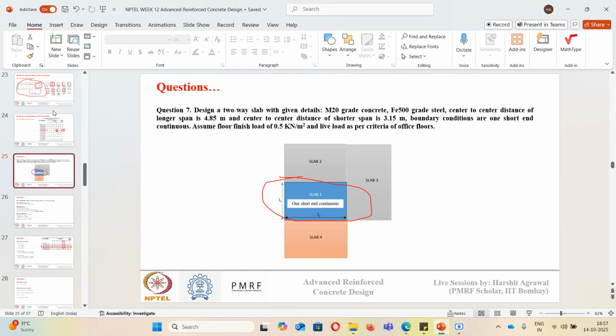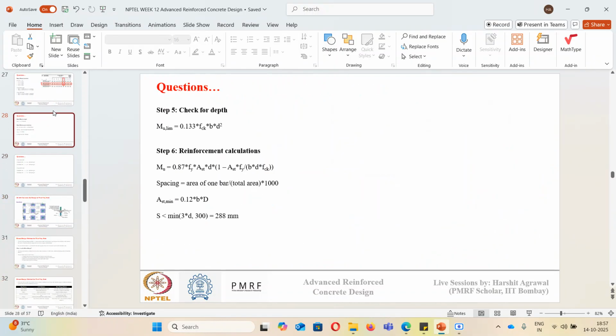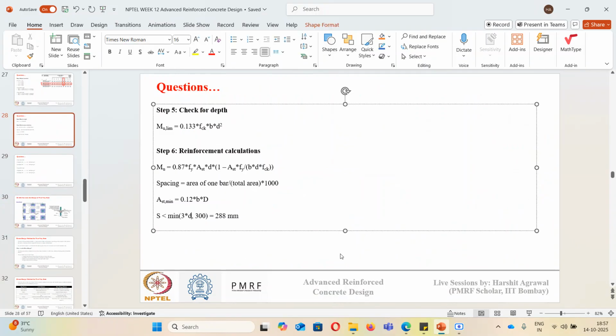Okay, this is effective depth, I mistakenly said it as diameter. So effective depth we have already calculated is 96. So 3 times 96 or 300, so it will be 288, so spacing shall be less than 288, and this minimum reinforcement will come out to be 144 millimeter square.